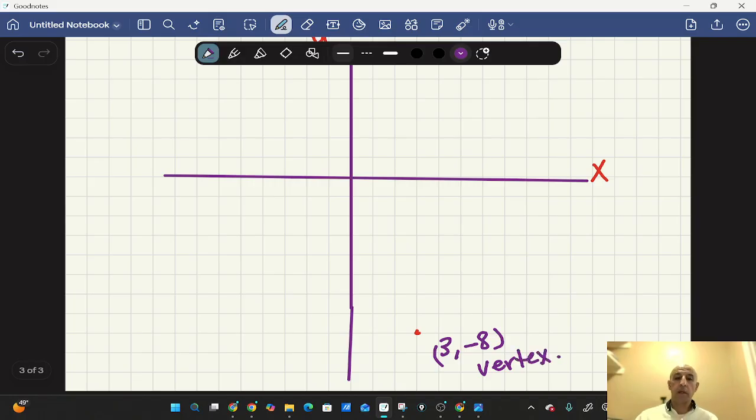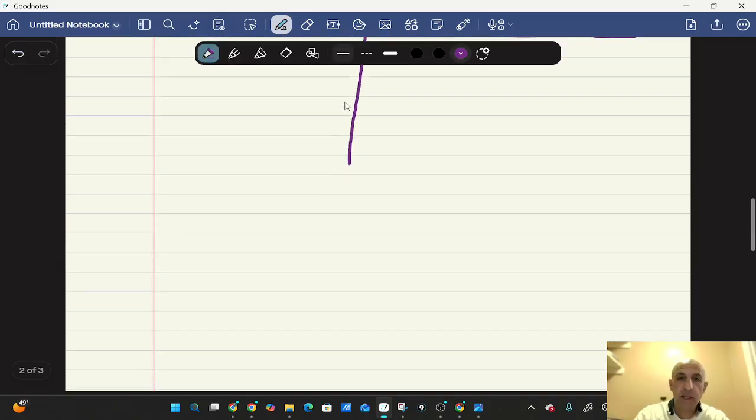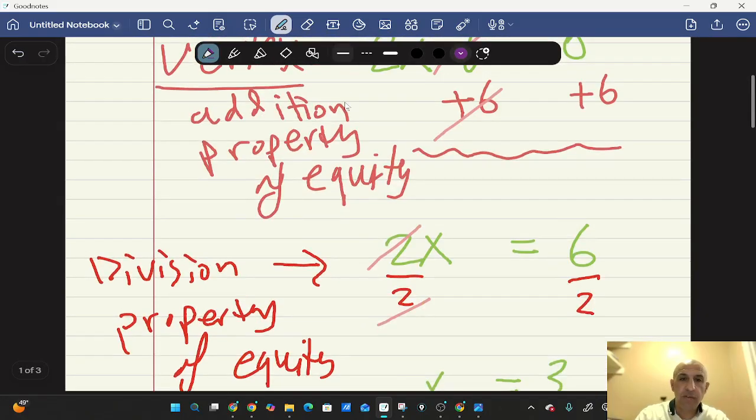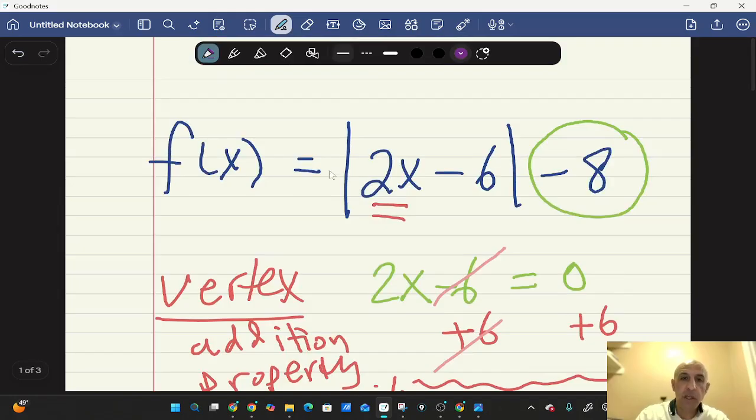Okay, now looking at the graph, studying the graph carefully, you can see that in this function, the coefficient of the absolute value is positive 1. That means that the graph will open up like this. So we here have the minimum value for this function.